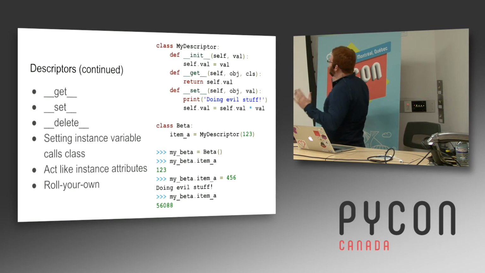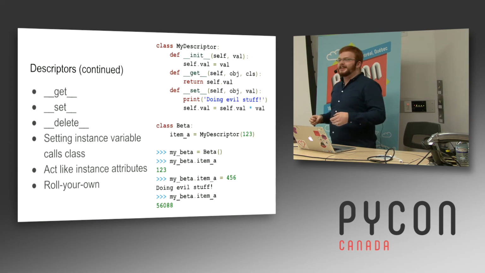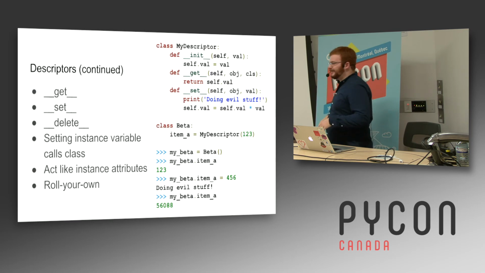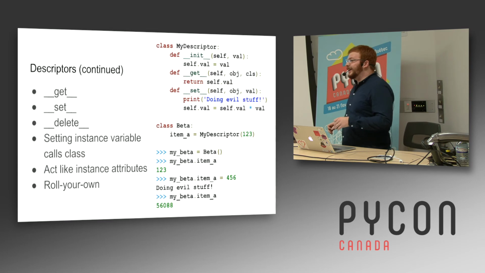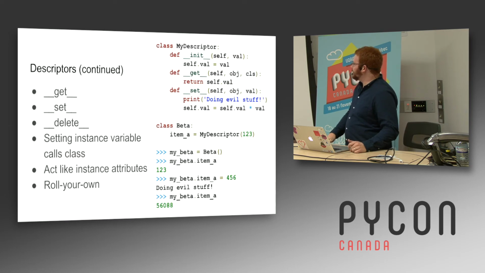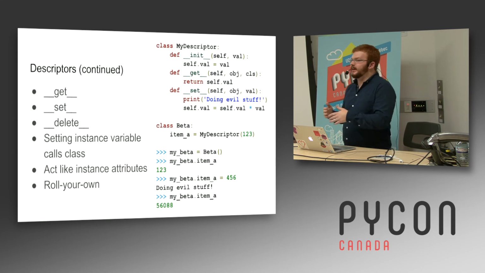It's printing out, I'm doing evil stuff. And instead of setting the value itself, it will multiply the existing value by the new value and do odd things that you don't expect. Ideally, don't write code like that. But the idea is that you can build classes that act like instance attributes, but that don't necessarily behave entirely like instance attributes.